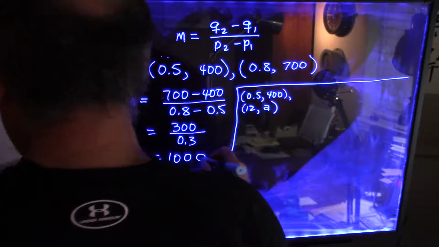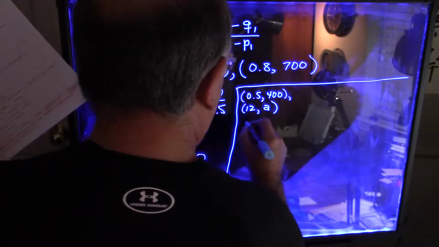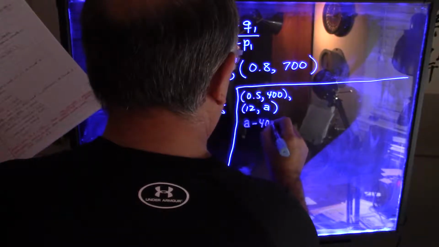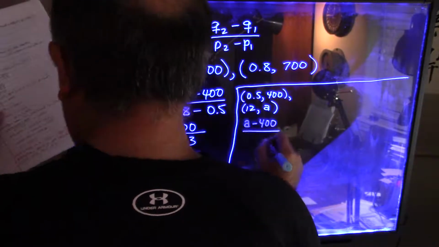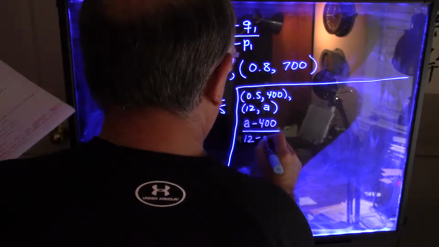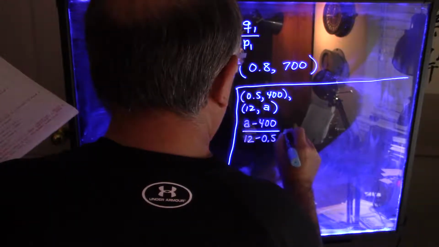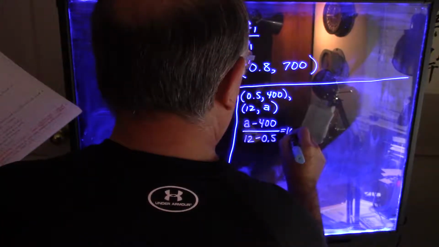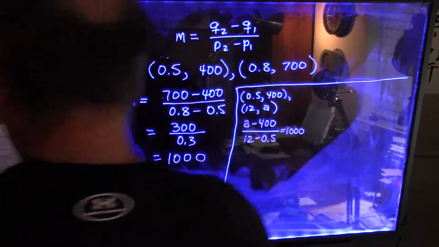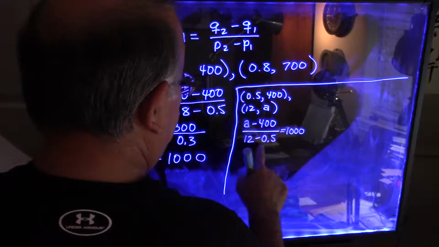So what we've got is a minus 400 over 12 minus 0.5 is equal to the slope, which is 1,000. So we can do some arithmetic here.